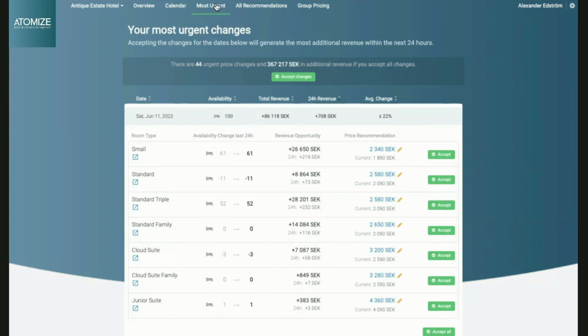So if I just try and join some dots here, when we were talking before about optimizing our price at any given period, talk me through what most urgent changes is, because I see here there are 44 urgent price changes, and this is saying that there's over 367,000 krona of additional revenue available to me at some point in time if I accept these recommendations. Is that right? Just talk me through it.